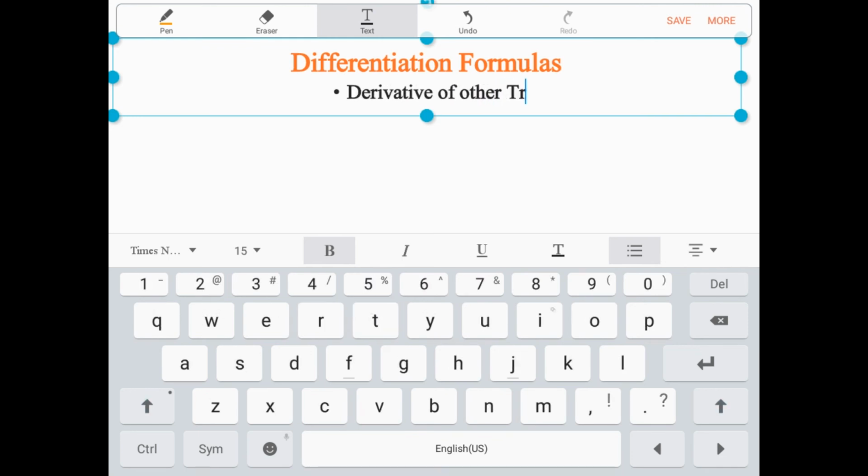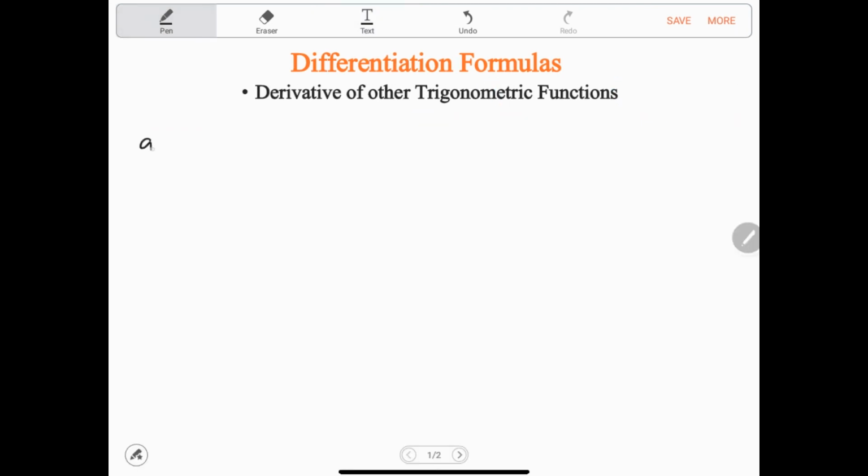Last but not least, the differentiation formulas for the other trigonometric functions. Let's say the derivative of tangent x is equal to secant squared, then copy what's after tangent, which is x, then multiply it by the derivative of x.